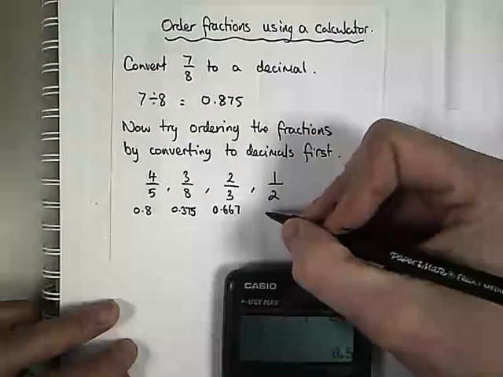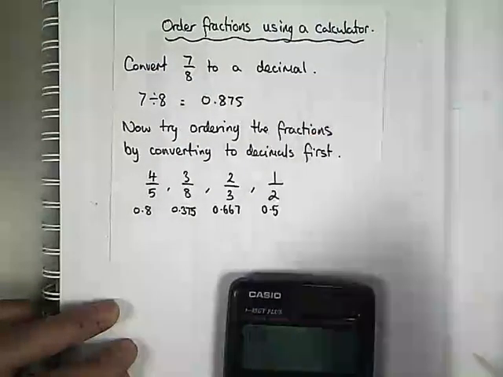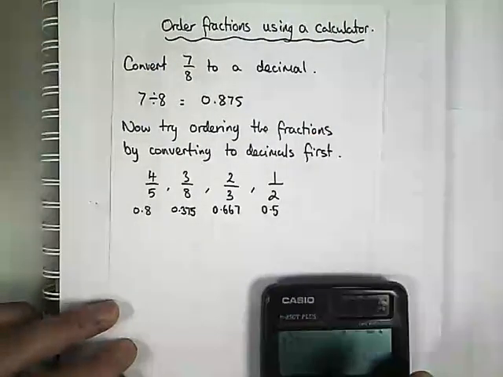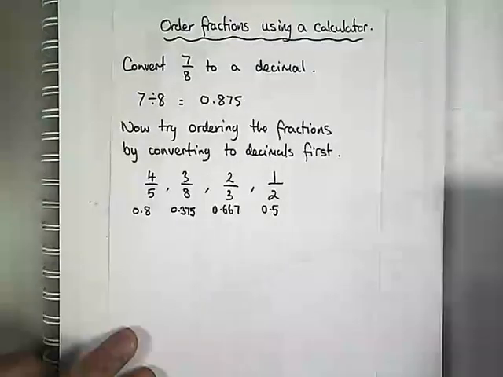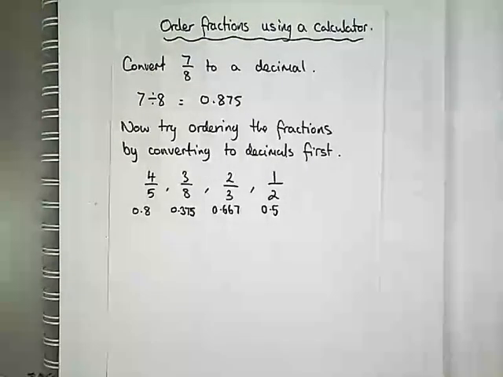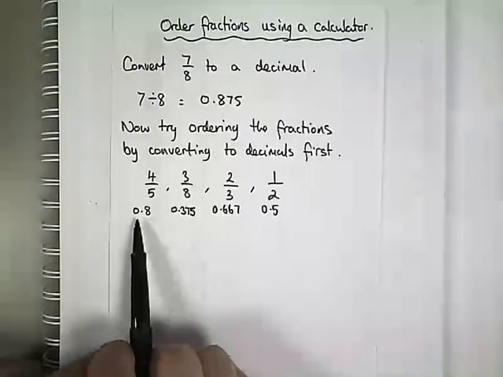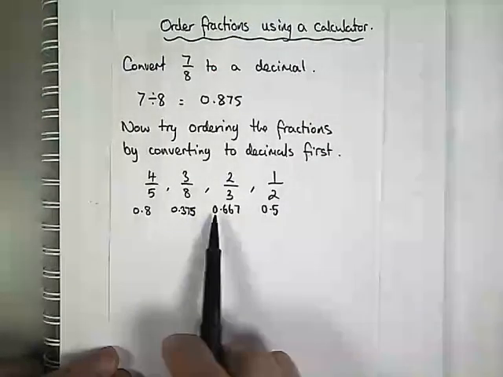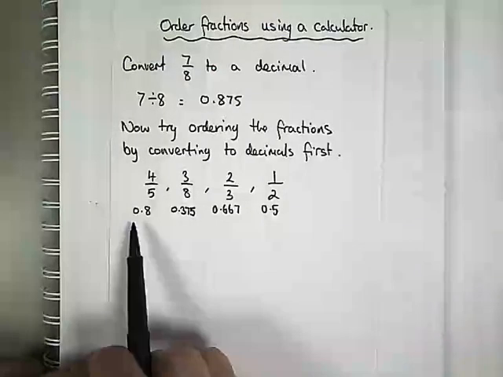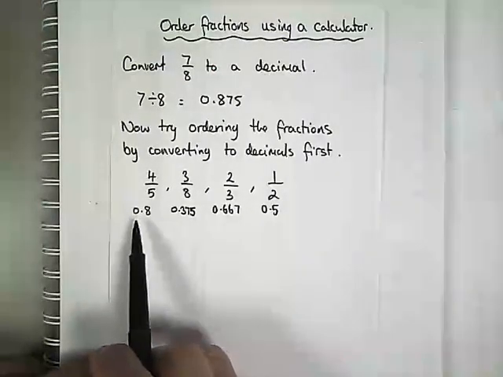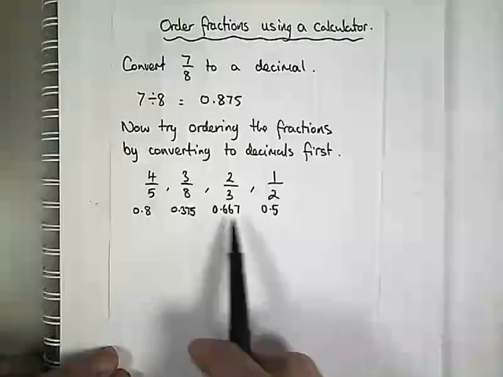So now we've done all the hard work, we have converted them so they're all so much easier to see. Now we can look at them as decimals. So I don't need my calculator anymore. So the first thing we do is we look at the digits, compare them in the same place. So the first number is a unit number, and they're all zeros.